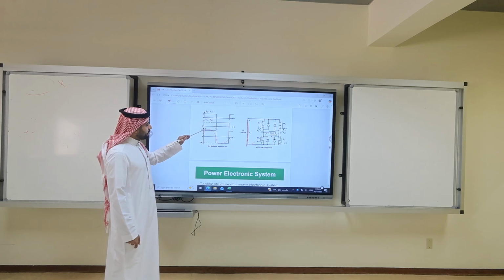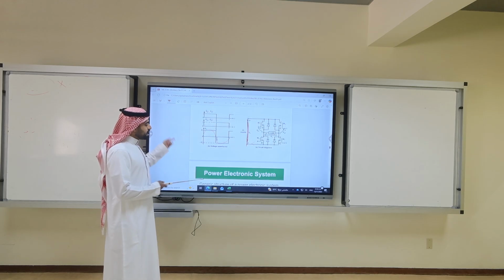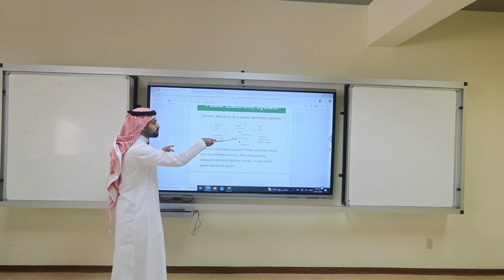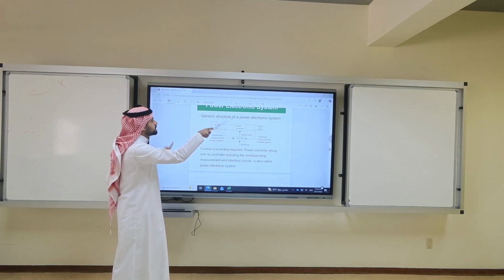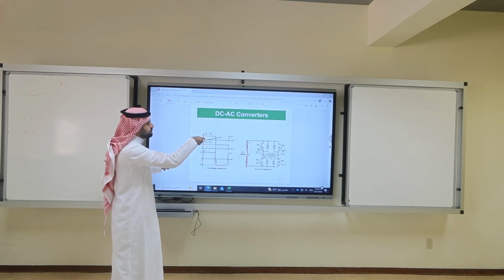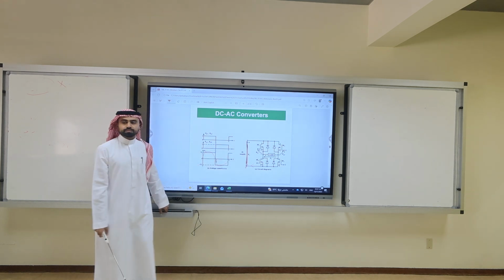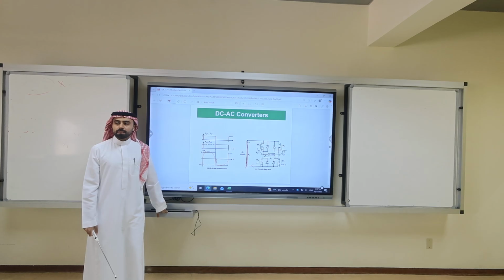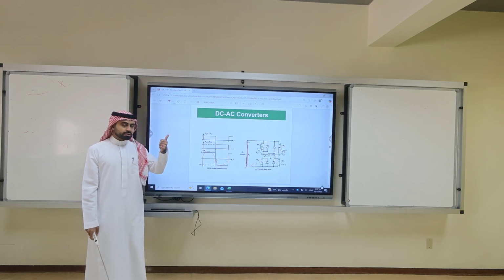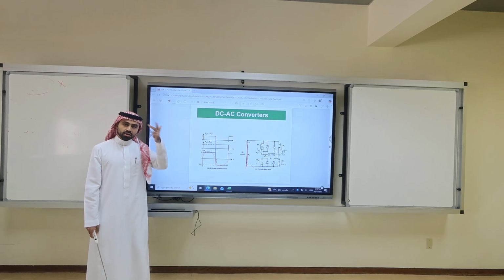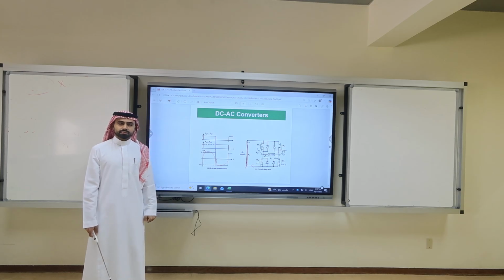It's V output, right? And I have a loop with a controller with a control signal. Where is the controller signal? These two pulses on the gates of the MOSFETs, this is the control.